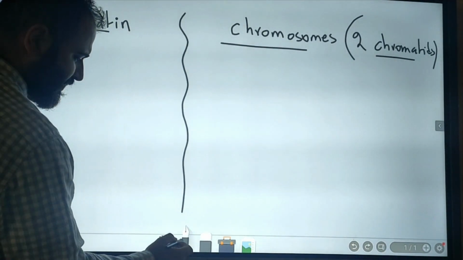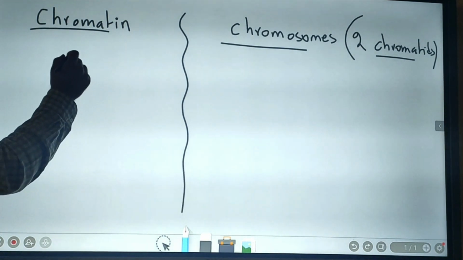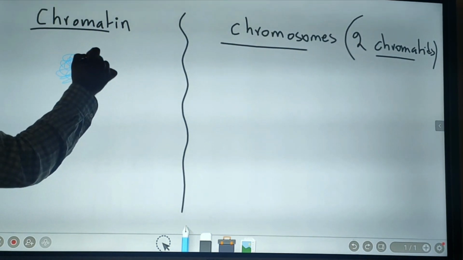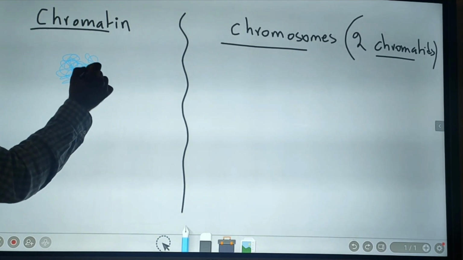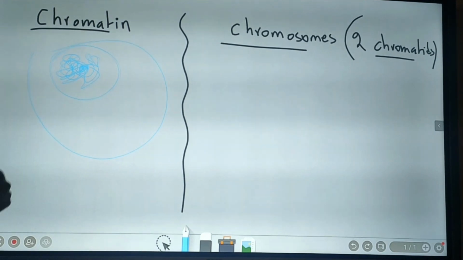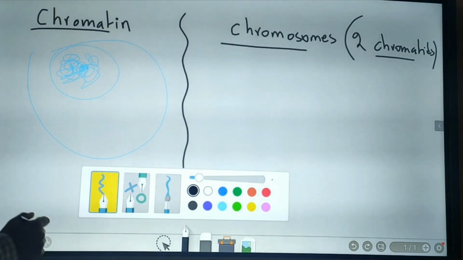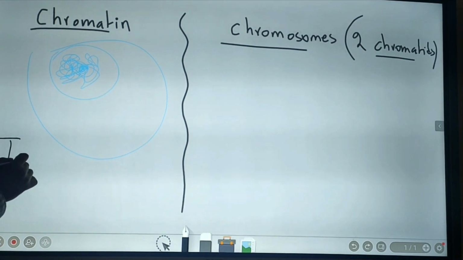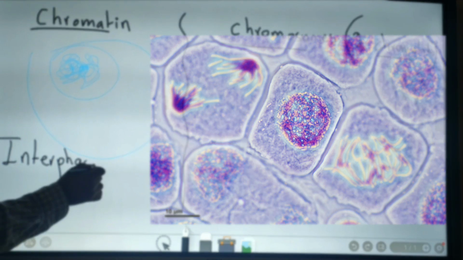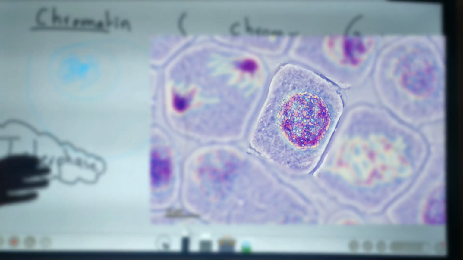So what is chromatin again? Chromatin is the DNA which is not organized, and it is located inside the nucleus of cells that are not dividing, and it is usually visible when the cell is in the interphase stage, which is the preparatory stage of division.